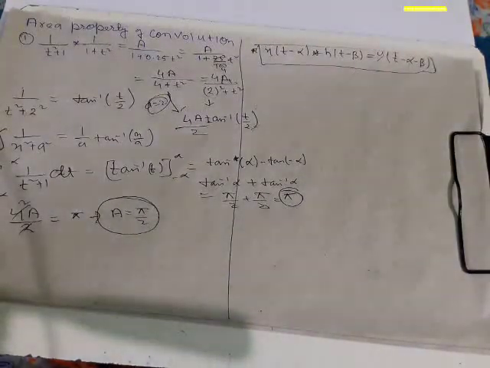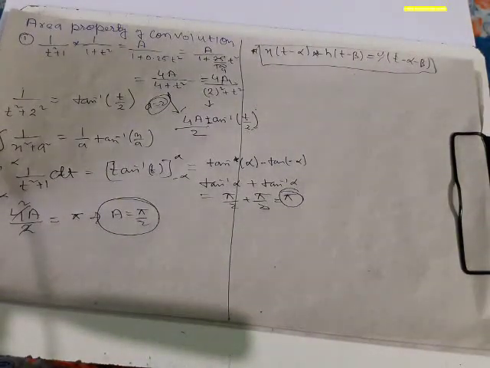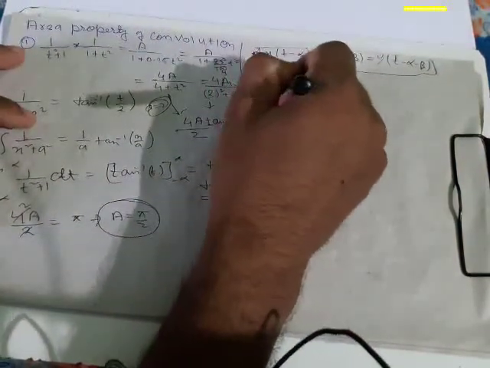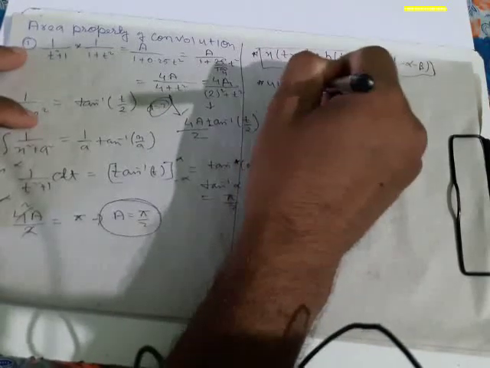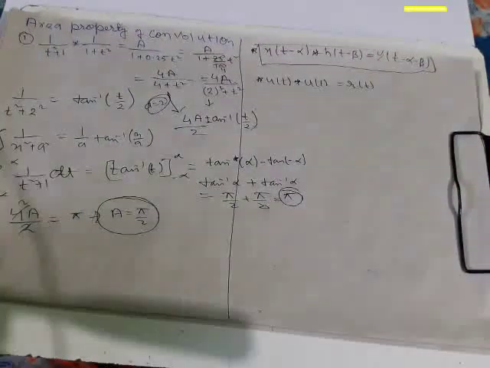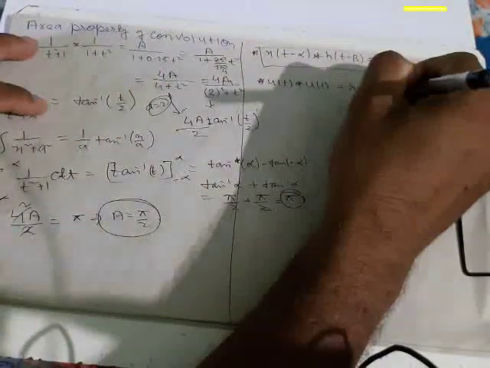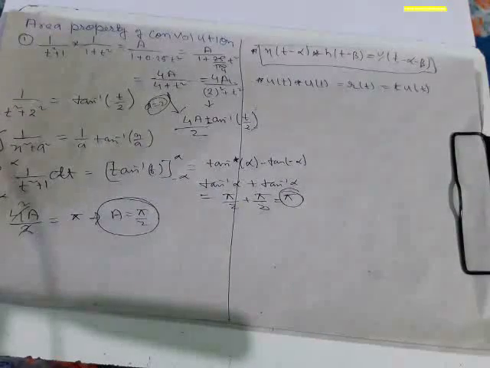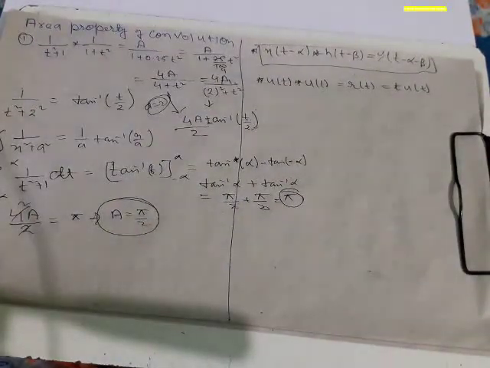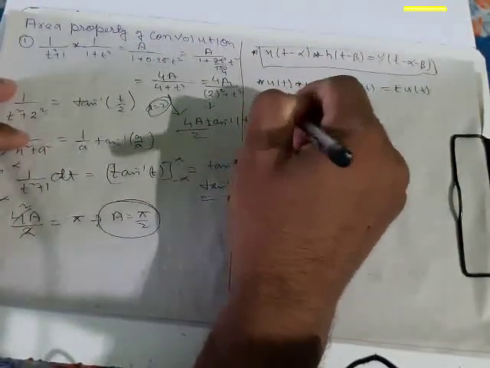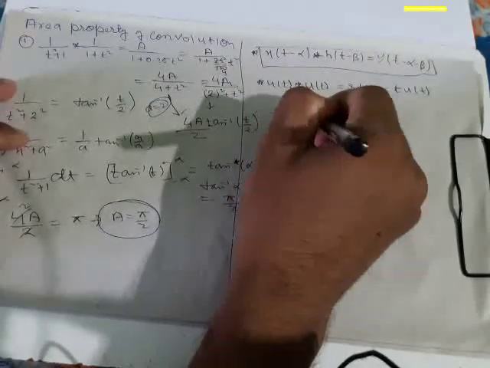Okay, that means what is this? u of t plus 1 is u of t shifted by minus 1, and u of t minus 3 is nothing but shifted by 3.